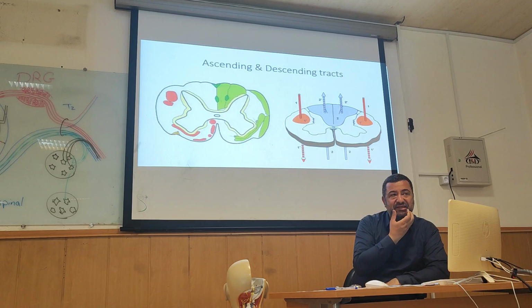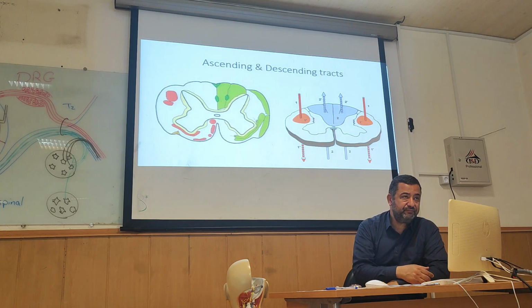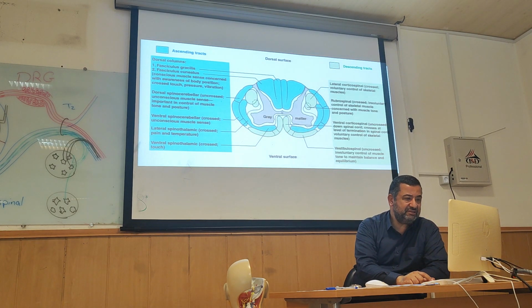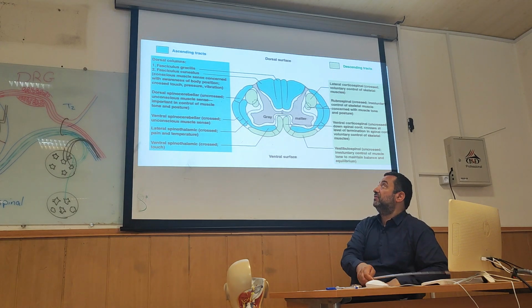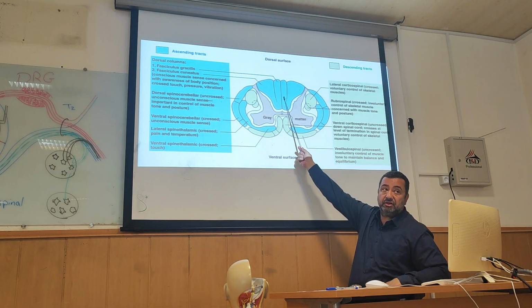You see here ascending and descending tracts in the lateral funiculus, anterior funiculus, and posterior funiculus. In this cross section, this is fasciculus gracilis, in the posterior funiculus. Here is fasciculus cuneatus.